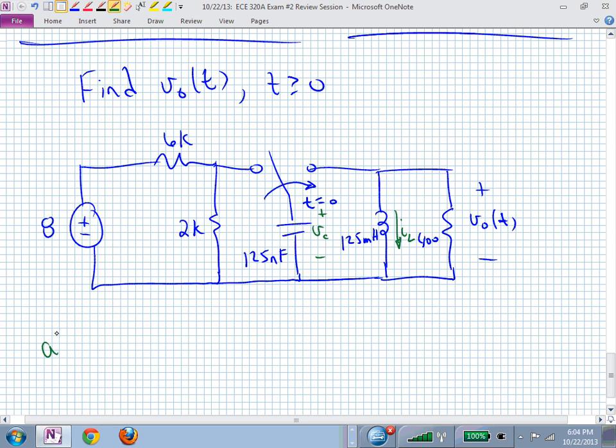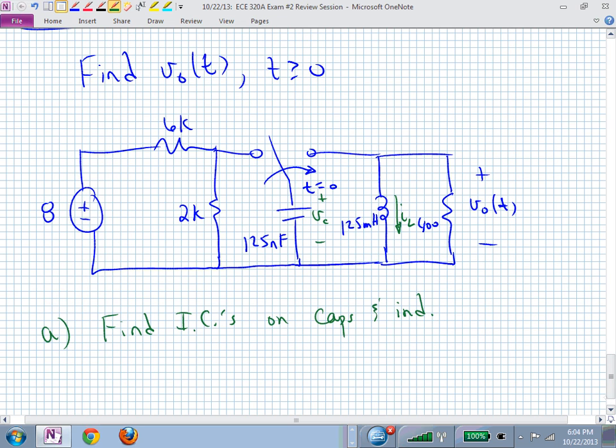But we now know from just thinking about this that we can find the initial conditions on the capacitors and the inductors. And the voltage on the capacitor is 2 volts by the voltage divider.